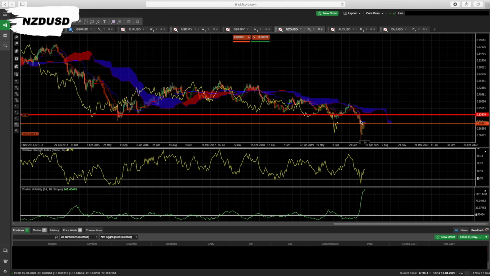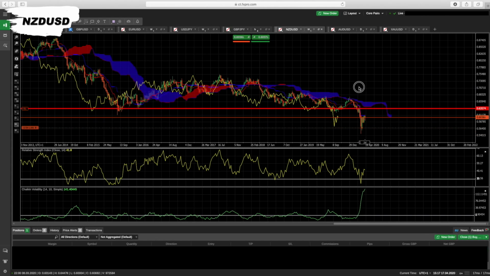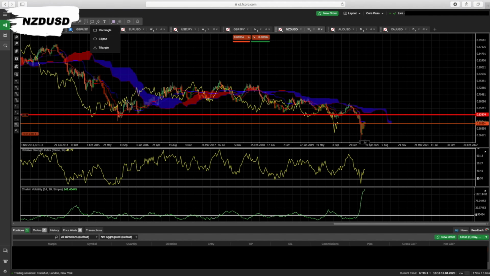So there's not much for me to do on here until we either break into the cloud, and I'll come back to have another look at a short position, taking into consideration where our fundamentals are. If we retrace back to the support point up here and break into the cloud, then I might revisit this pair for a short position.